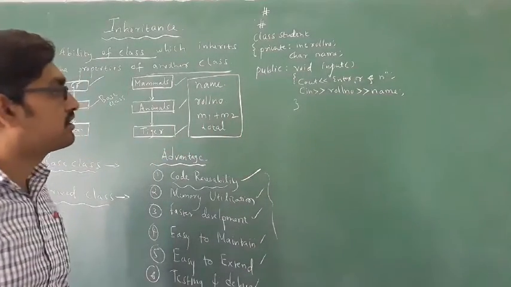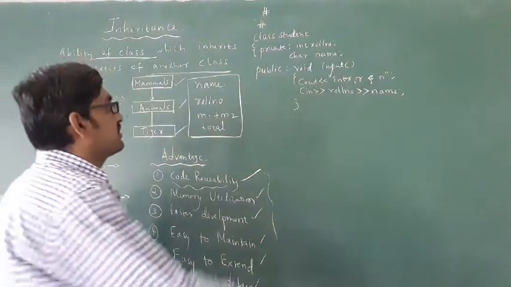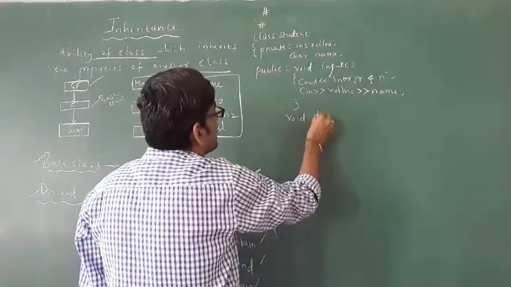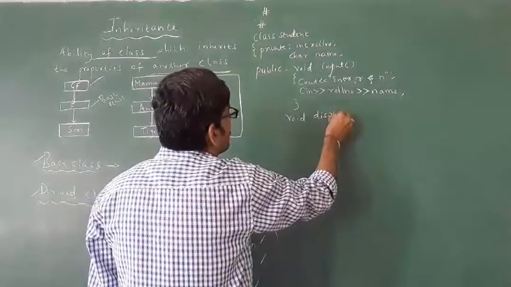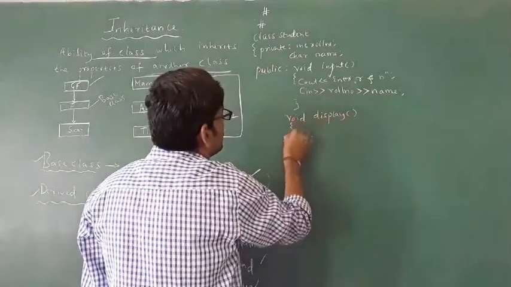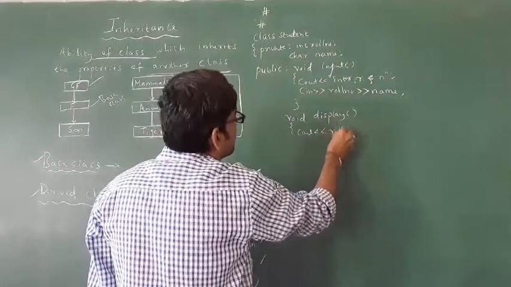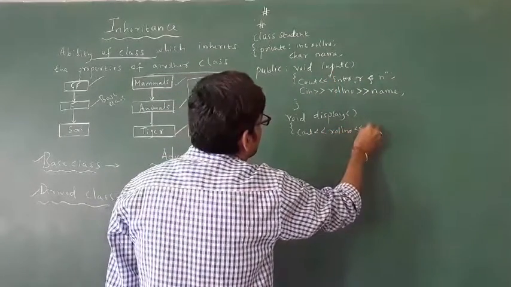Next, void display. In the display function I am writing cout. I want to display this roll number, then name.